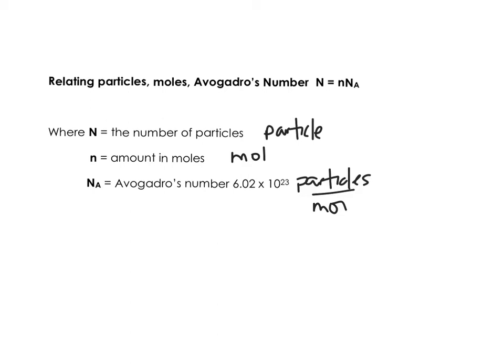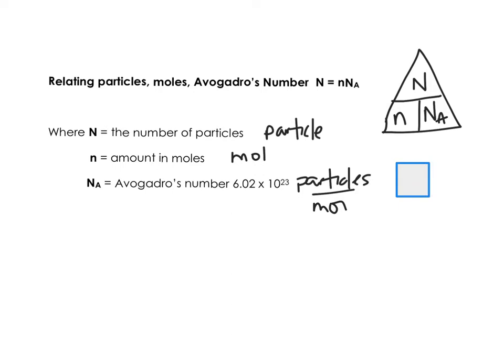For those of you that have difficulty rearranging equations, use the triangle. So basically what you do, if you're looking for moles, you cover up the mole symbol and your mathematical relationship is known.